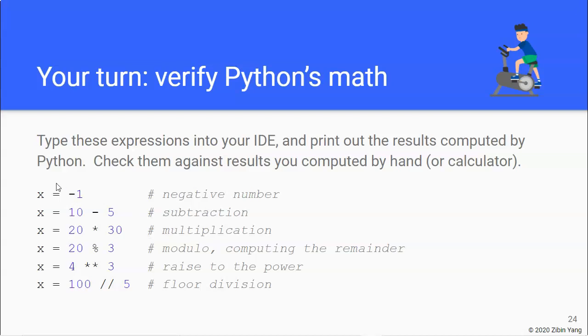And then you should type these statements into your IDE and print out the x after each statement, so that you know what they evaluate to, and then check all the results against the results that you derived by hand, and make sure that they agree with each other. Okay, hopefully you have done that, and hopefully your results agree with what Python tells you. Now, if they don't, you should figure out why, and if you don't understand why, please do seek help.